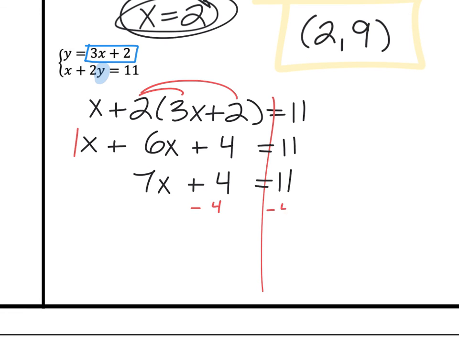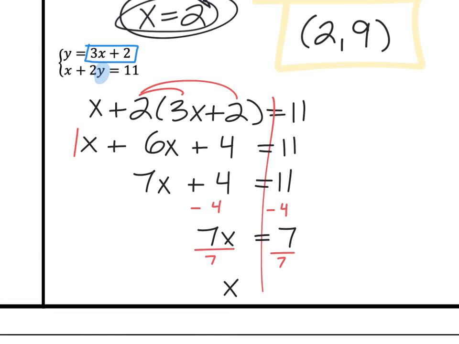This is just a 2-step equation. It's being added, so I subtract. And get rid of the 7 by doing what? Drew, what should I do? So x is equal to 1.